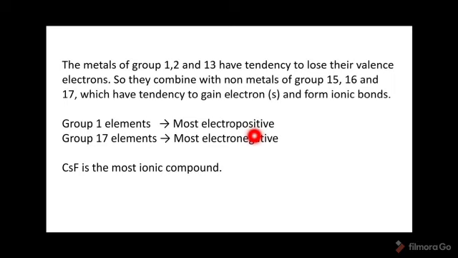Group 1 elements are most electropositive. Group 17 elements have more tendency to gain electrons and form negative ions more easily, so they are called electronegative elements. Group 17 elements are most electronegative.